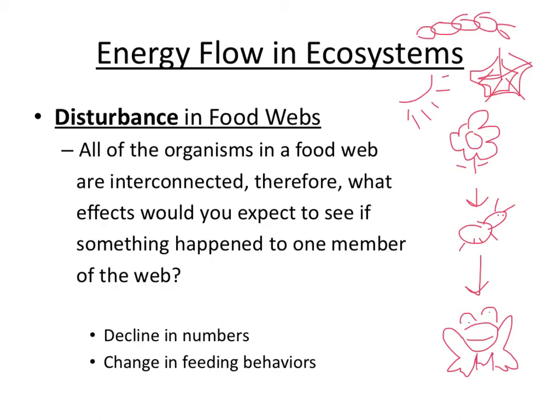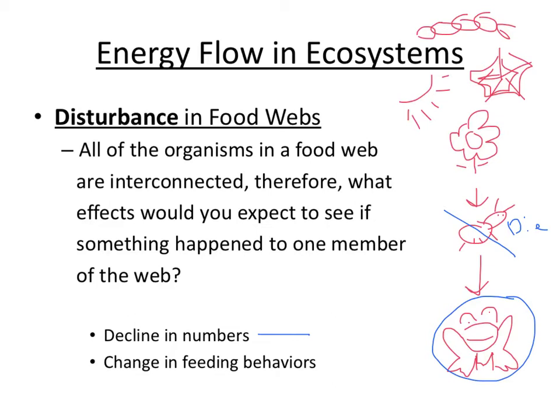Now, let's say that for some reason a lot of our insects start to die out. The frog is going to experience one of two things. If the insects are gone, there's not a food source for the frogs anymore, so they might also decline in numbers.